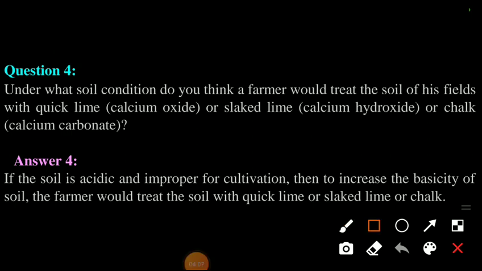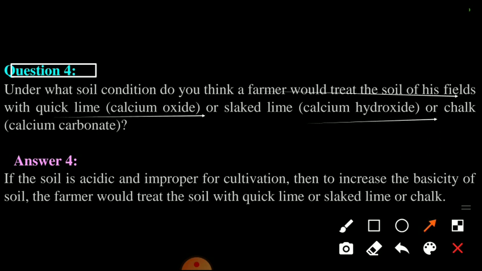Question number 4 is: under what soil condition do you think a farmer would treat the soil of his fields with quicklime (calcium oxide) or slaked lime (calcium hydroxide) or chalk (calcium carbonate)? So here we can see all these three salts, quicklime, slaked lime and chalk, which are calcium oxide, calcium hydroxide and calcium carbonate respectively, they all are basic salts.